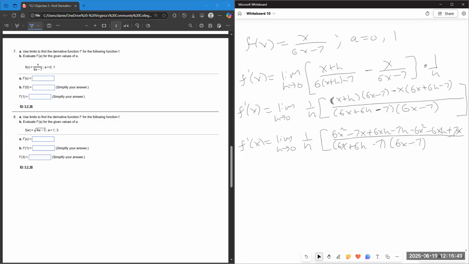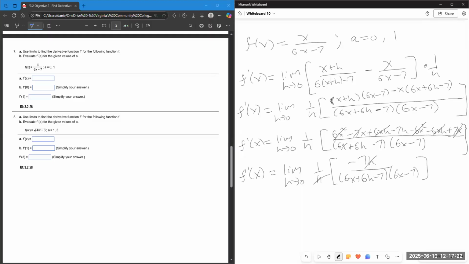All right, so everything without an h in it needs to go to 0. Some of the things with h's in them might go to 0, like 6xh and minus 6xh. So f prime of x is equal to the limit as h goes to 0 of 1 over h times negative 7h over 6x plus 6h minus 7 times 6x minus 7.